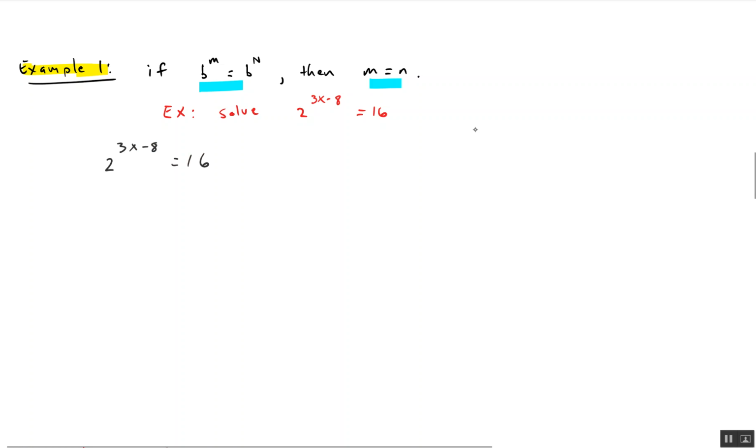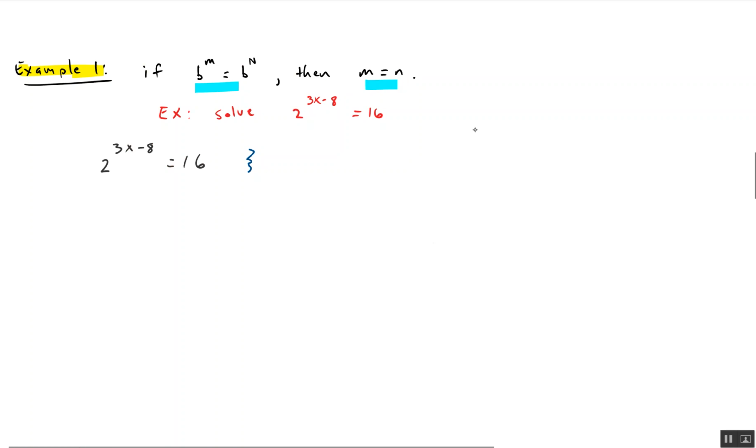At first glance, you look at this and think, well, they don't have the same base. The thing on the left, 2 to the quantity (3x minus 8), doesn't have the same base as 16. Does 16 even have a base? Well, this is a really good moment to think about this.